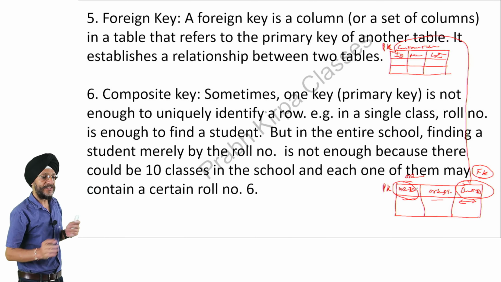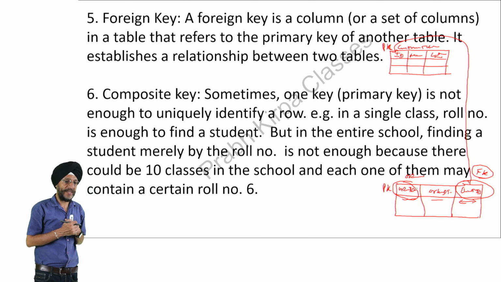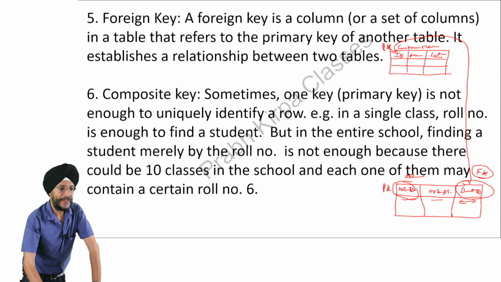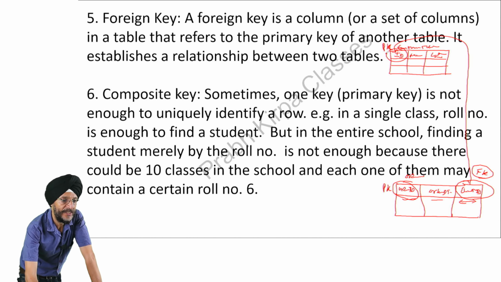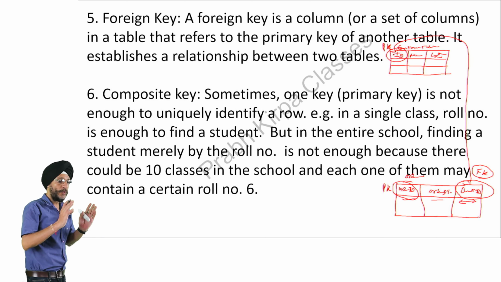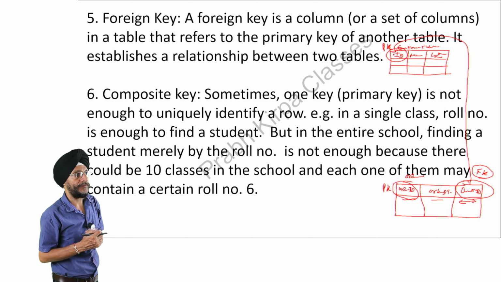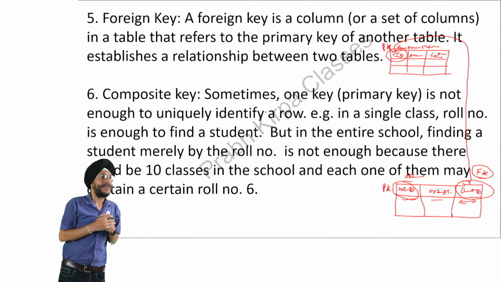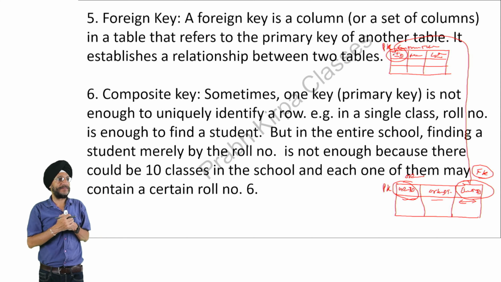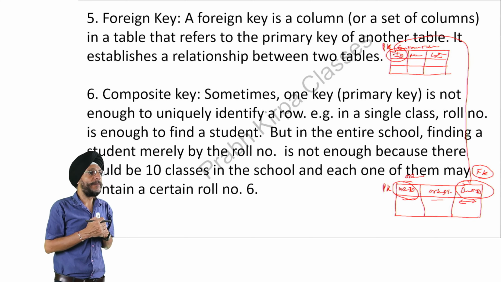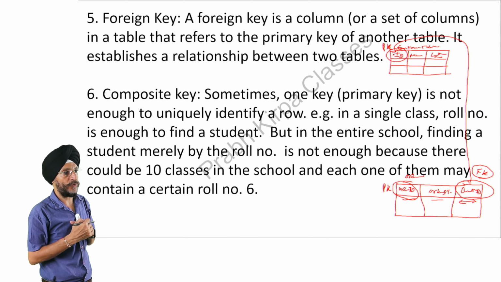But in certain situations, it also happens that one primary key is not sufficient to uniquely identify a row. For example, in a single class, roll number is enough to find a student.